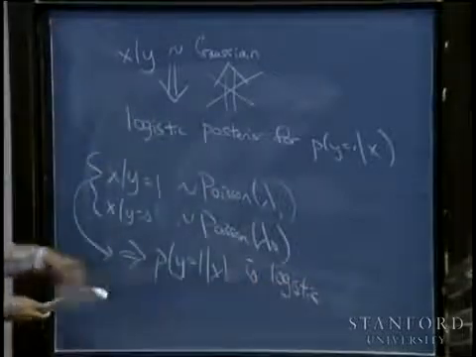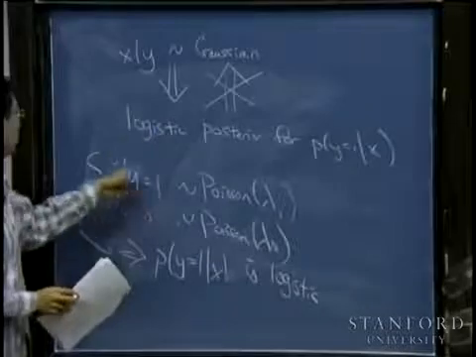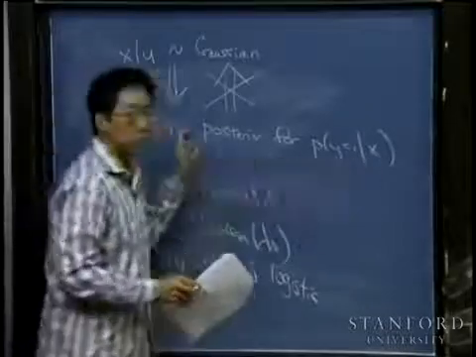So there are lots of assumptions on x given y that would lead to p of y given x being logistic.